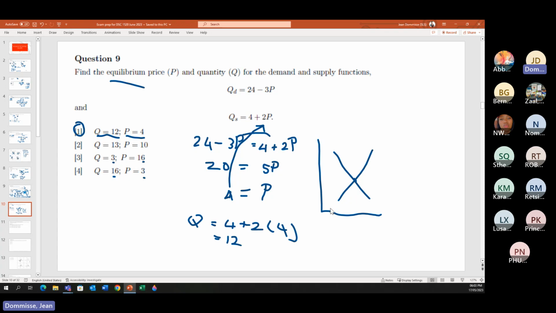Okay, so this one, straightforward equilibrium. You know that when you work with equilibrium, you can say the demand function is equal to the supply function. You work out your p-value, you work out your q, and that is then your option set.